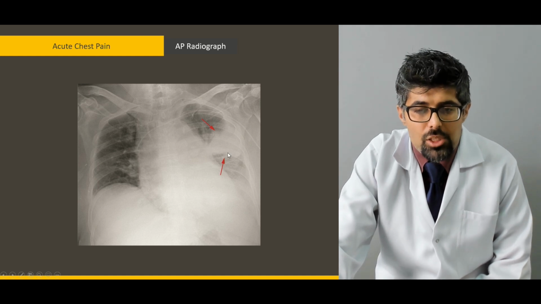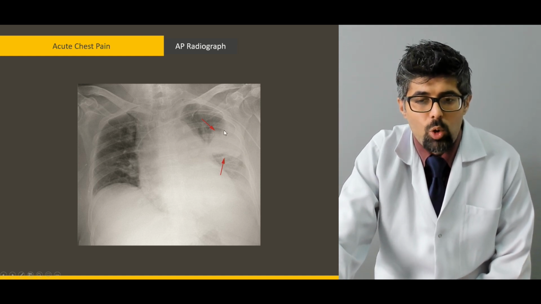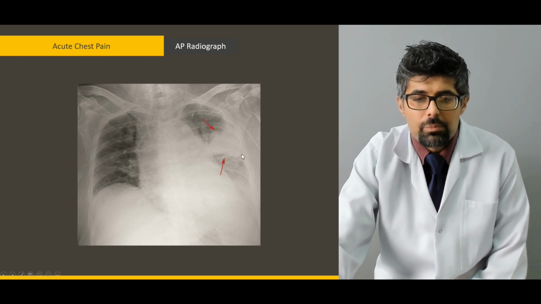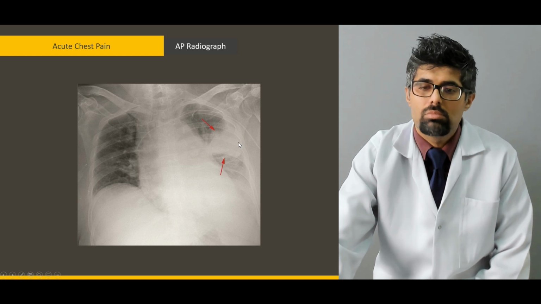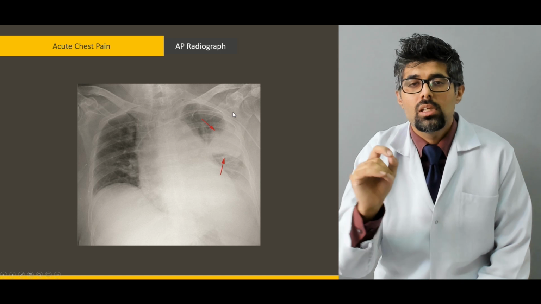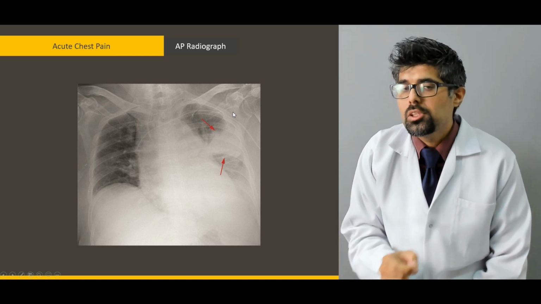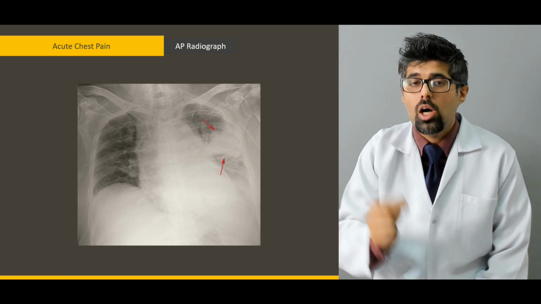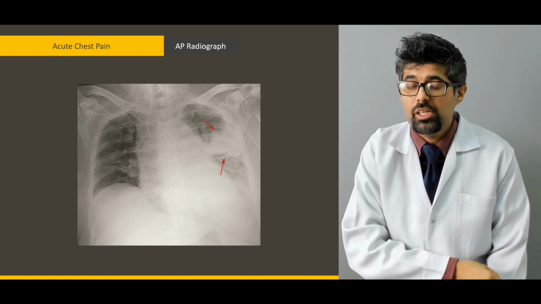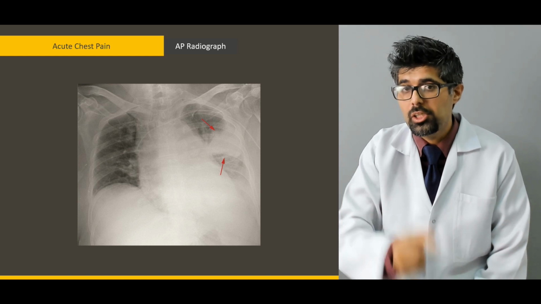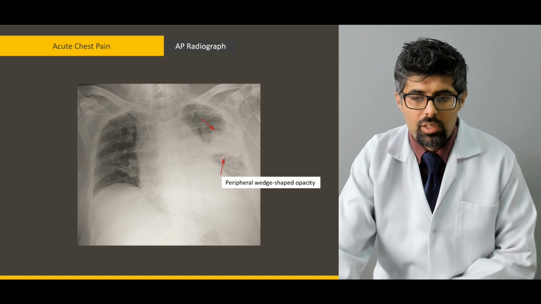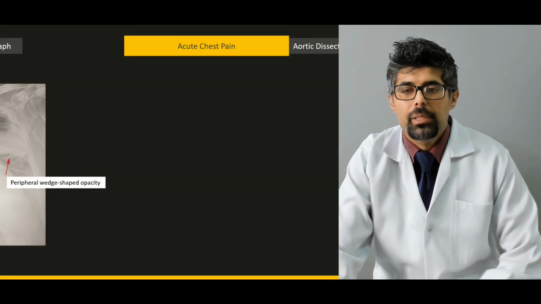The consolidation produced here is always wedge shaped. So if you see a wedge-shaped consolidation in your simple chest X-ray, always consider that pulmonary embolism is in play and rule it out either by ruling out DVT and performing the D-dimer test. Here is the peripheral wedge-shaped opacity.